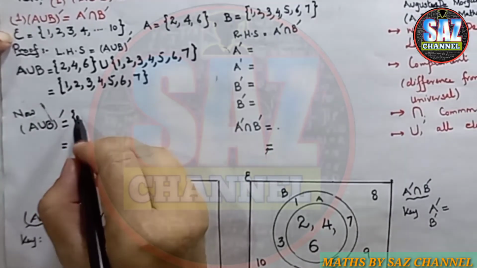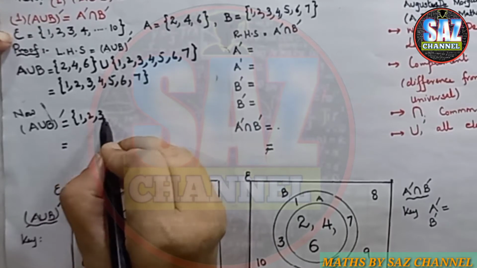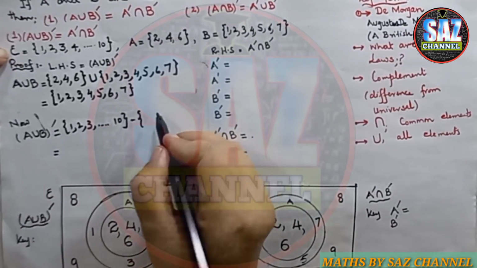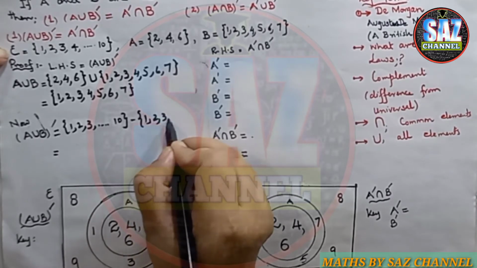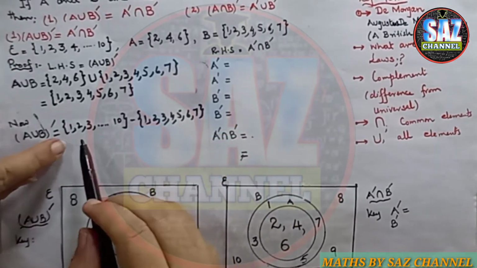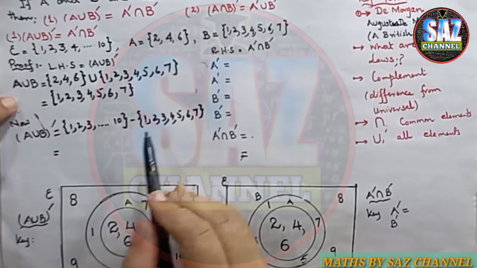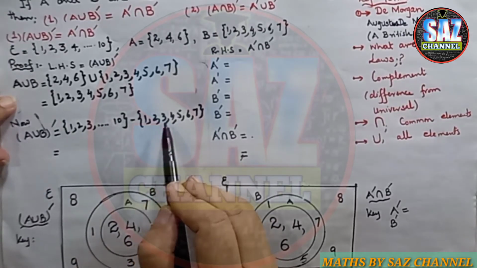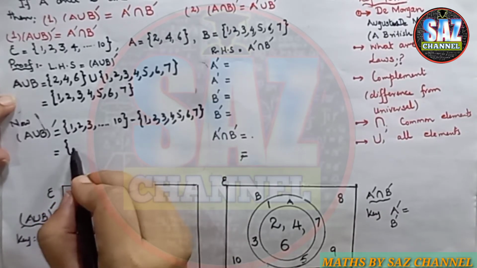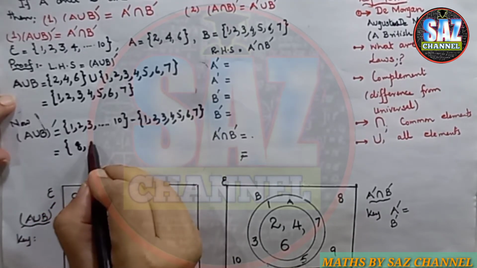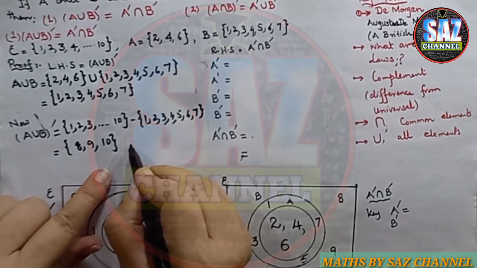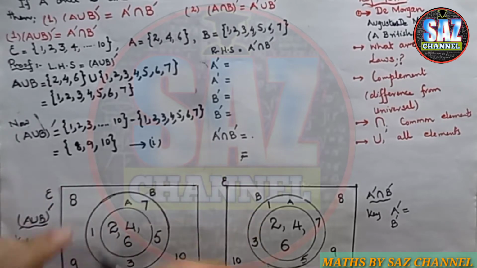So I'll write 1, 2, 3 and so on to 10, minus A union B, that is 1, 2, 3, 4, 5, 6 and 7. Now we can see that the elements of universal and the elements of A union B, 1 till 7, are the same, and the complement will hold the remaining elements, that is 8, 9 and 10. Let this be marked with 1.